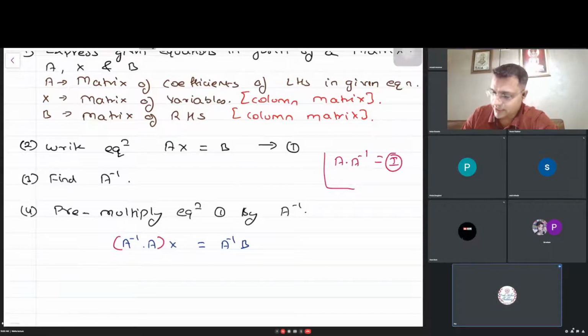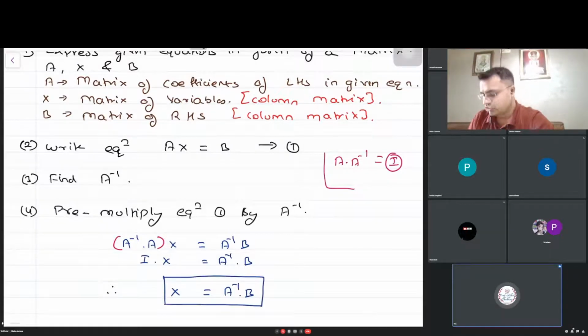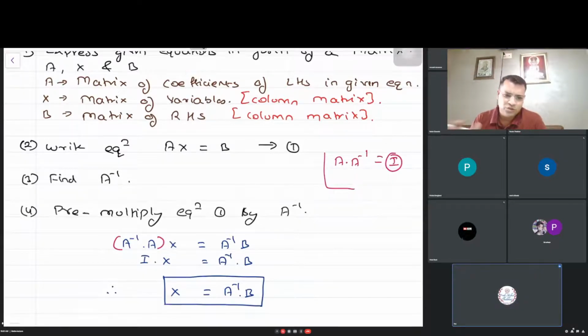So here I will be replacing it with I into X is equal to A inverse into B, and therefore guys, X is equal to just A inverse into B. The value of I is always assumed as 1 because it is a unit matrix or identity matrix. So I just ignore it because multiplying by 1 gives us the same result. So we don't have to sit and multiply it again and again.